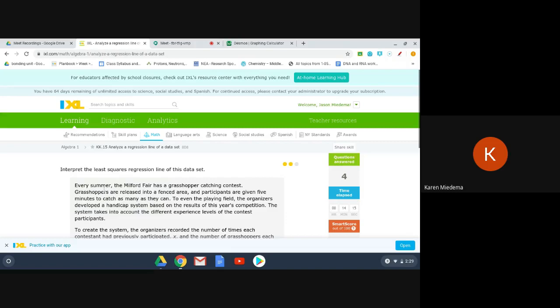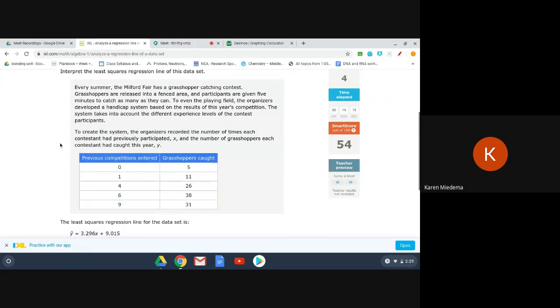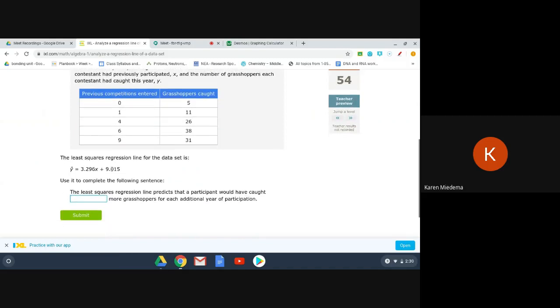Okay, so now we have the line of best fit. Again, this is the same problem. We wrote the correct equation. Now it says the least squares regression line predicts that a participant would have caught blank more grasshoppers for each additional year of participation. So they're saying that as the x value increases by 1, what do we expect the y value to increase by?